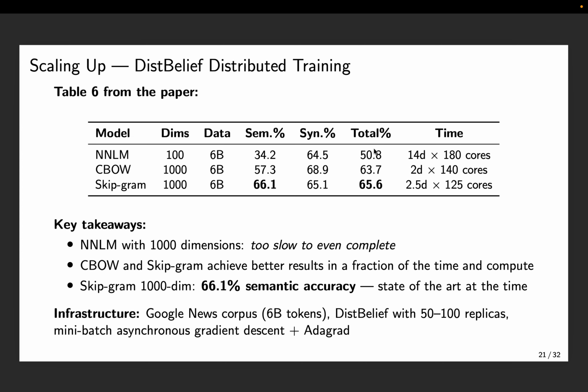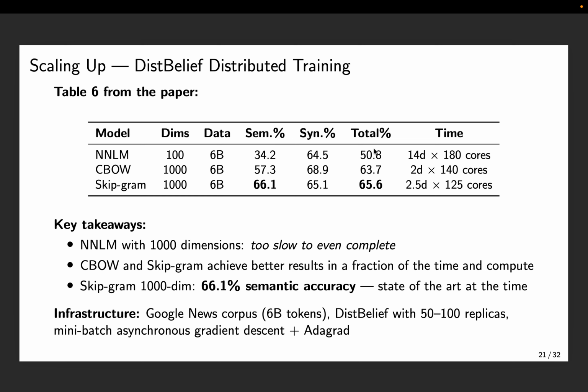Continuous bag of words at 1000 dimensions gets 63.7% total accuracy, and took only 2 days on 140 cores. Skip-gram at 1000 dimensions gets 65.6% total accuracy, in 2.5 days on 125 cores.